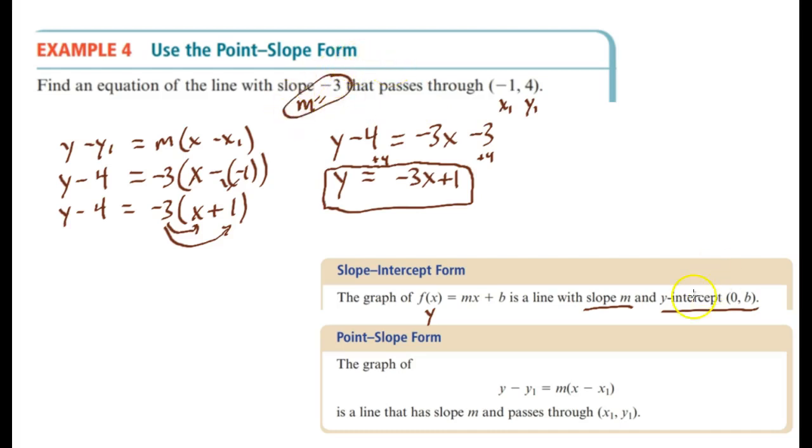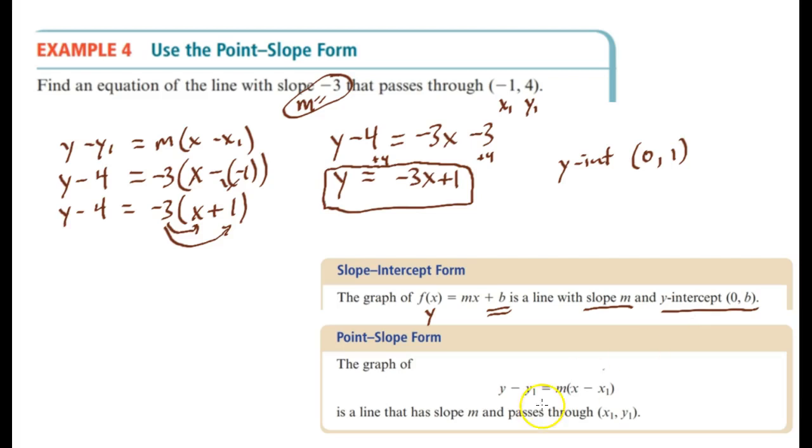The slope is -3, but we also know the y-intercept. I'll just point this out right now. The y-intercept is the point 0, b. So b is the number that's added at the end. So the y-intercept is 0, 1. That is the y-intercept. That's where it crosses the y-axis, if we were to graph it.